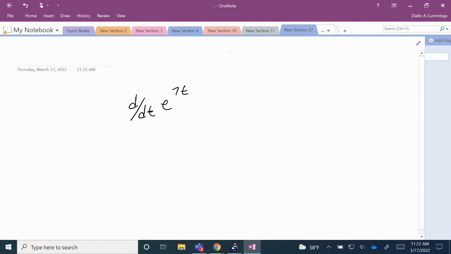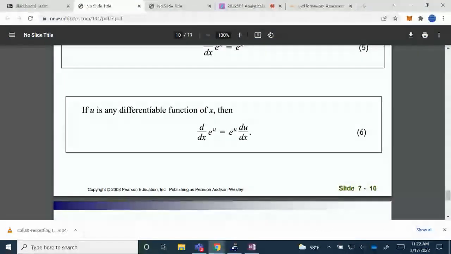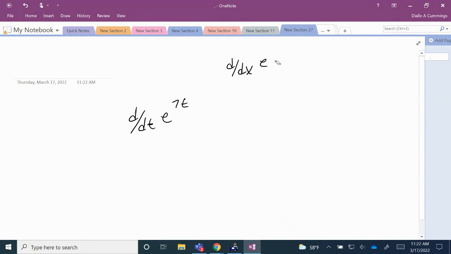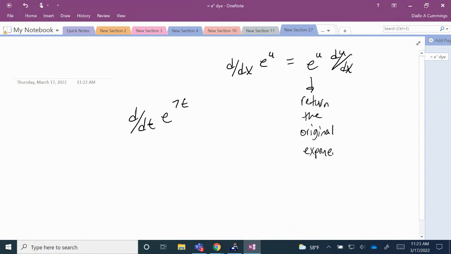So here's what the formula says: the derivative with respect to x for e to the u is equal to e raised to the power of u times du by dx. What this means is when we take the derivative with respect to x for e to the u, it's going to return the original exponential times the derivative of the exponent.